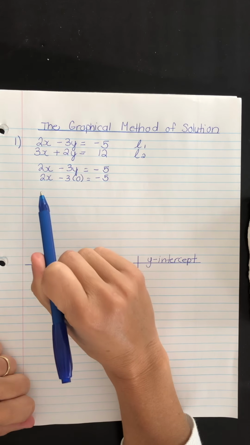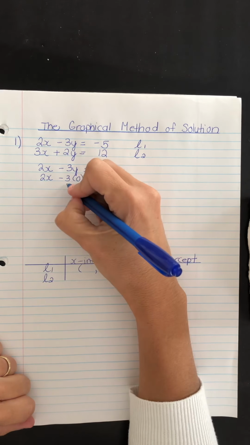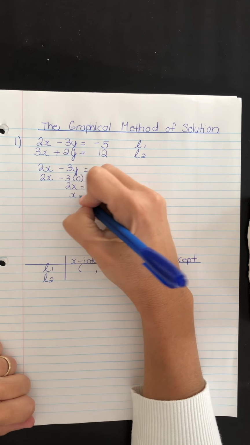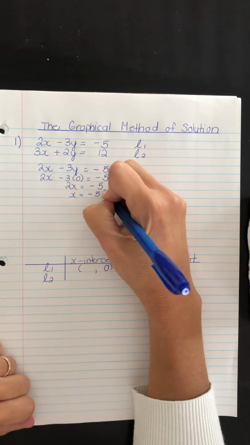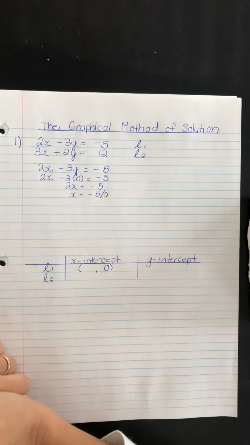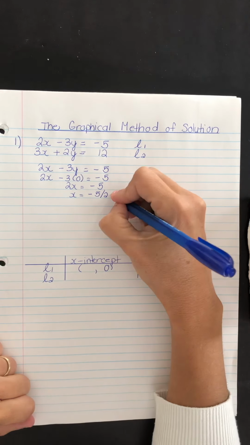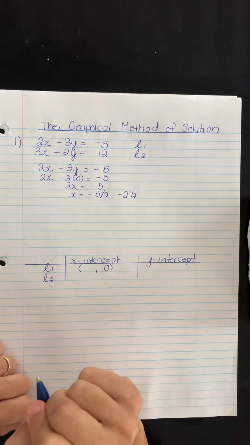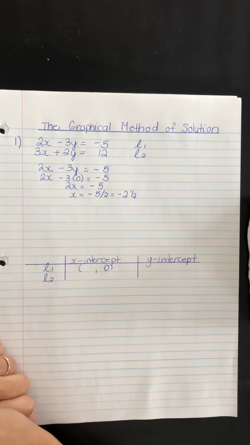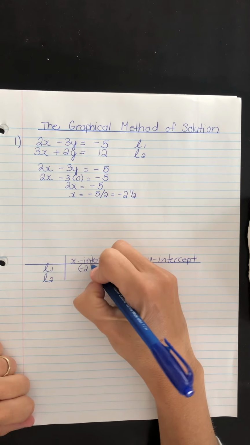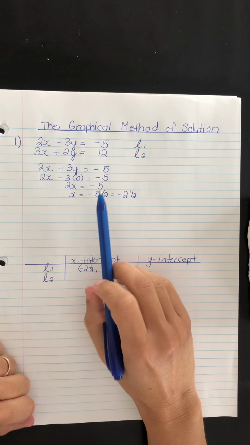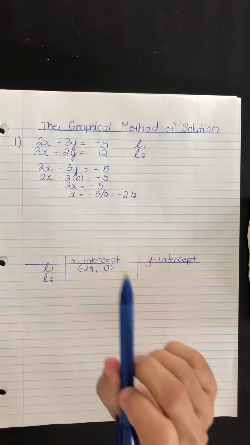It's going to give us 2x is negative 5. So x is negative 5 over 2. And for the purposes of graphing, it'll be nicer to write that as a mixed fraction. So we'll have negative 2 1/2 right here. It's also negative 2.5, of course. Negative 5 divided by 2 is negative 2.5.